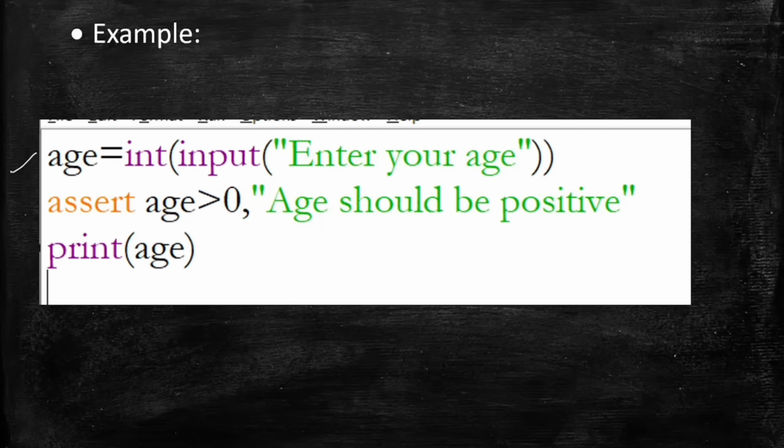Age you are receiving from the user. But here, assert, directly you are mentioning the assert and the expression. But in the raise statement, you are using the if condition, right? So here, assert age is greater than 0, comma, age should be positive. Print of age. That's it. Okay. So if you write it easily, you can score marks.